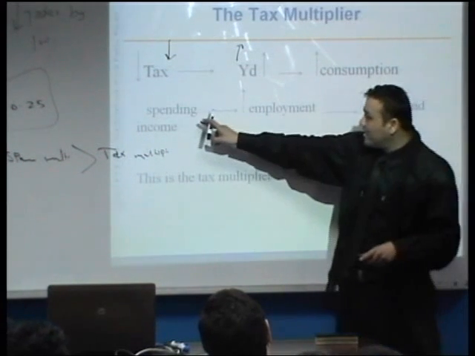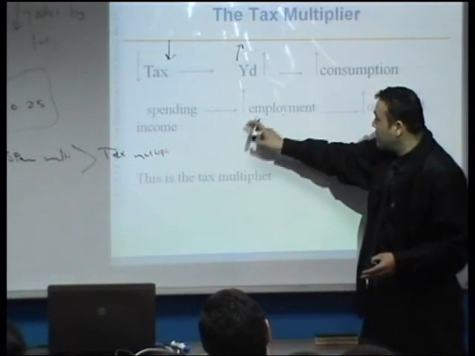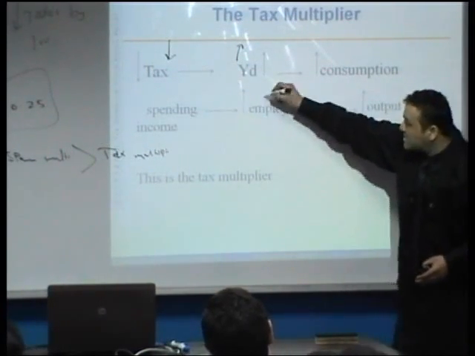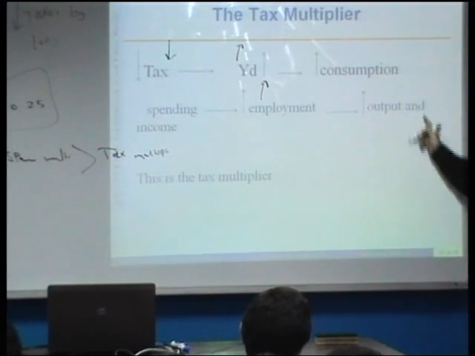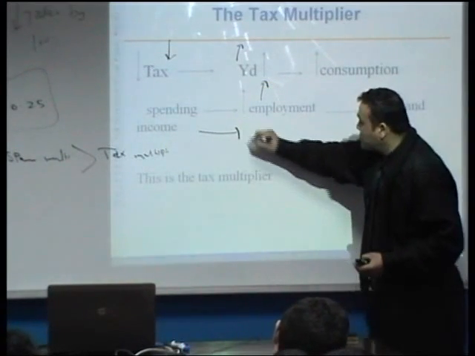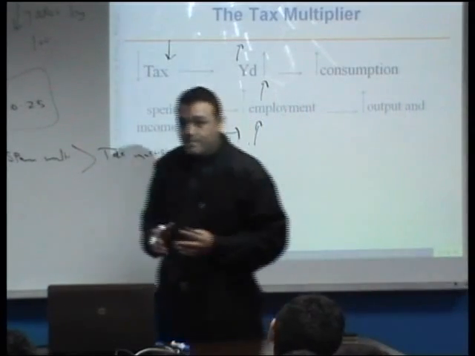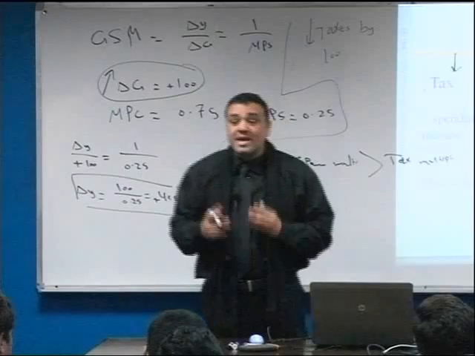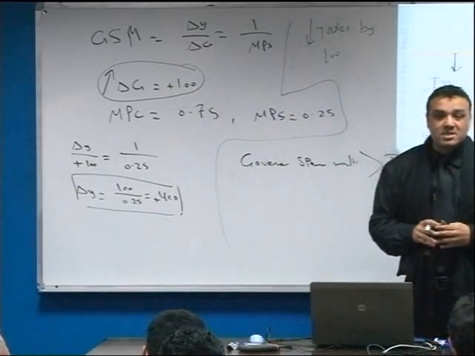And then the aggregate expenditure, the consumption spending, would increase, and then the employment would increase as well. The increase of employment leads to an increase of aggregate output once again, and of income, then the consumption would increase once again, and so on. So we have a cycle, right? But the question is, how much is the value of the tax multiplier?